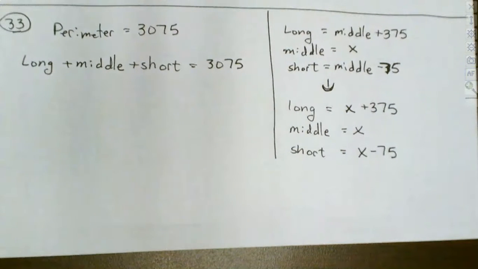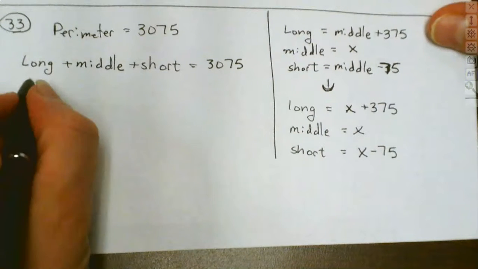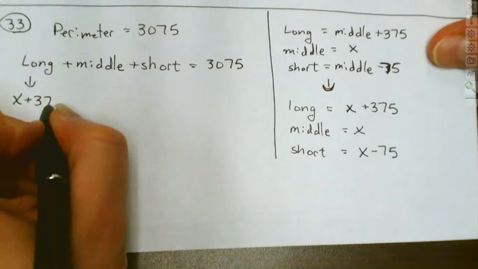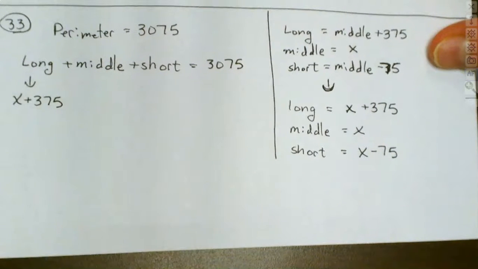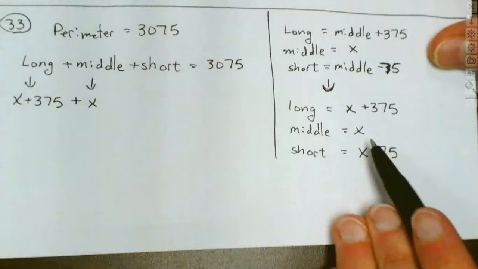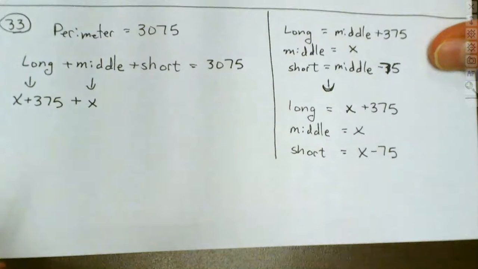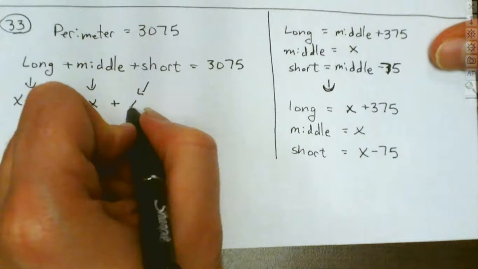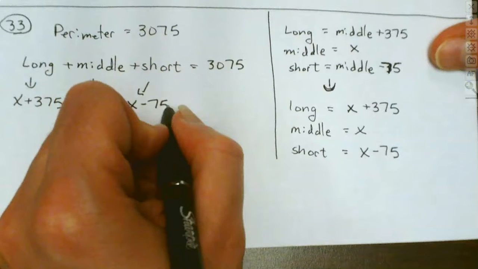Now, we know that that perimeter is 3075. And that's the sum of all the sides. So now we can fill it in. So the longest side, well, that's going to be x plus 375. The middle side, we found that to be x here. And then the shortest side, well, we found that to be x minus 75.